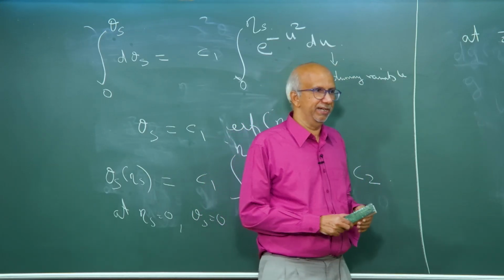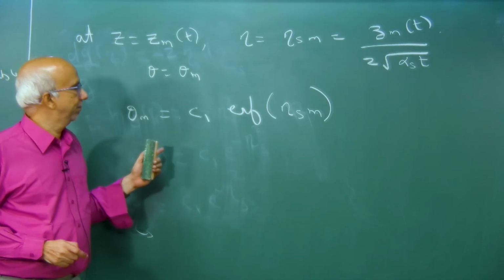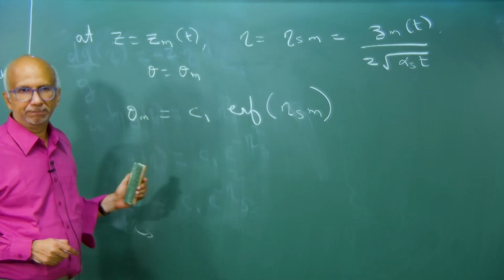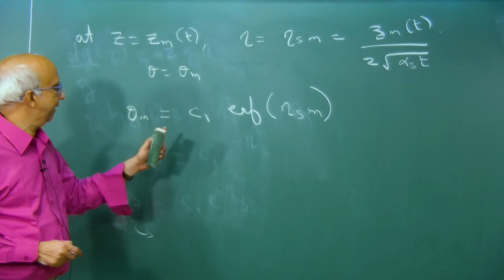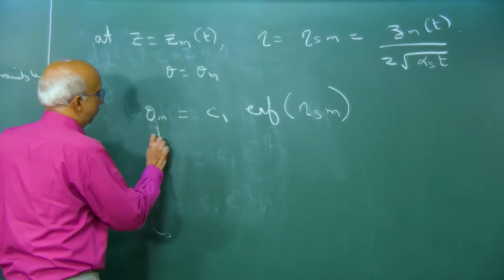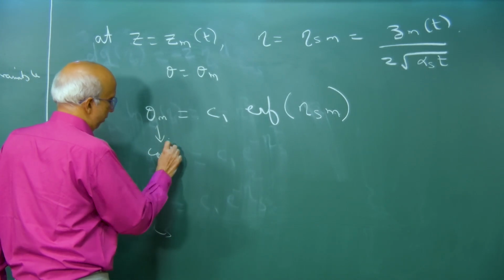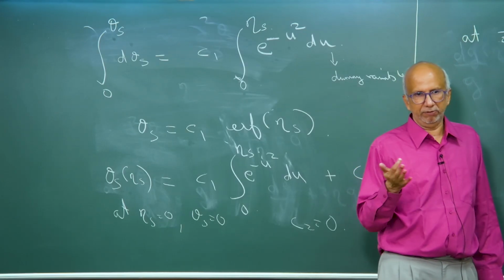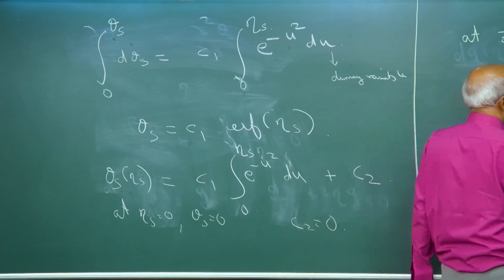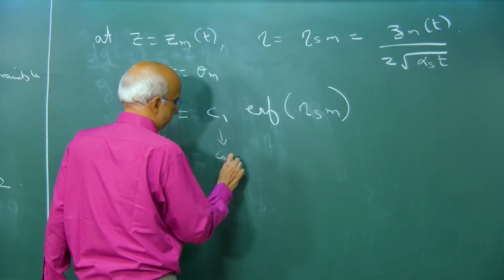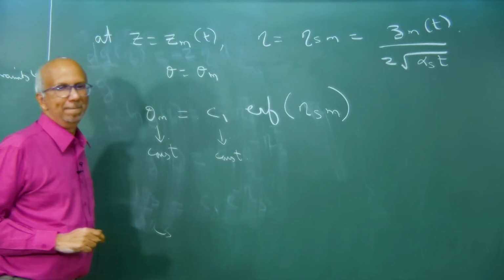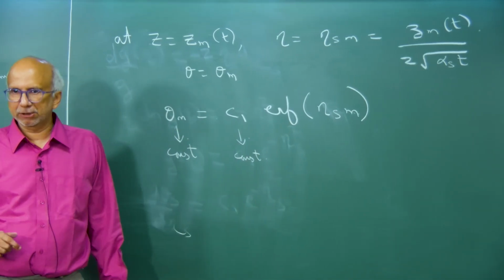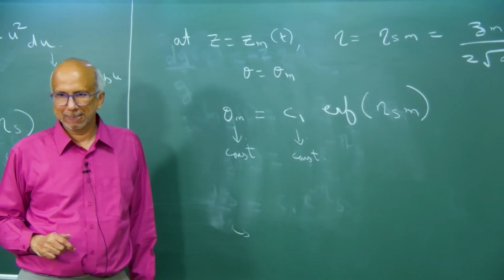So, now the question is what can I infer from this? I can say that this guy is a constant. Why? Because it is a melting point, it does not change, melting point of a substance is fixed. This is also a constant. So, if this is a constant and that is a constant, it means eta s comma m has to be constant.